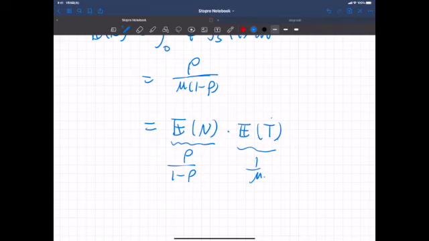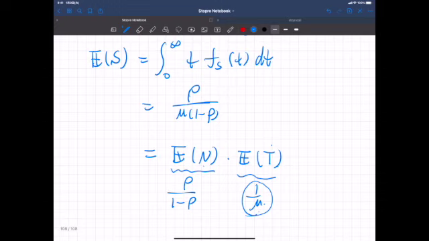Each customer is at the service counter for this amount of time on average, because it follows the exponential distribution with parameter mu. And n is the number of customers in the queue. So this is a very simple result: average service time times the average number of customers in the queue. That's the average waiting time until one gets the service in a queue.